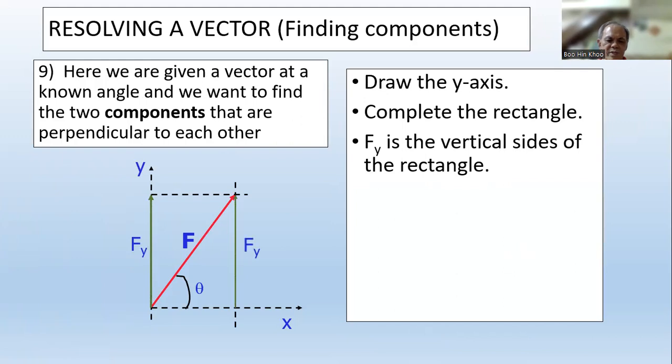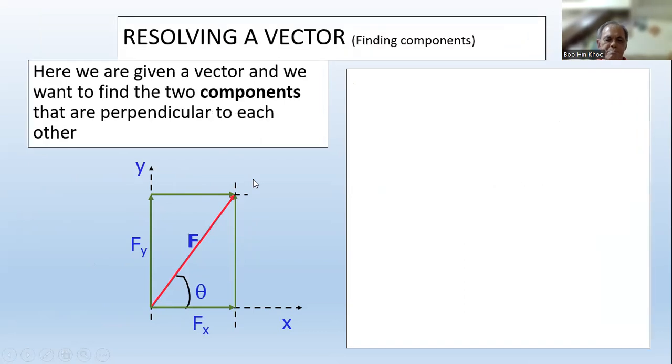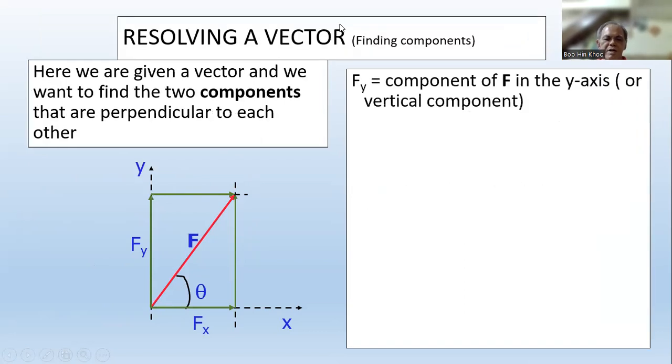This is also Fy, the opposite side of the rectangle. Fx is the horizontal side of the rectangle. This is also Fx, the opposite side. So Fy we call the component of F in the y direction, or vertical component.